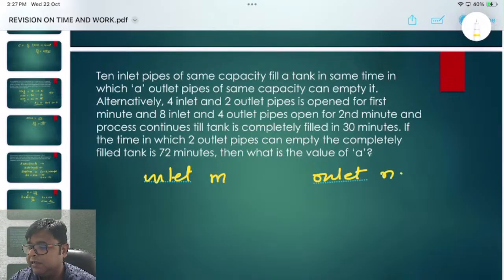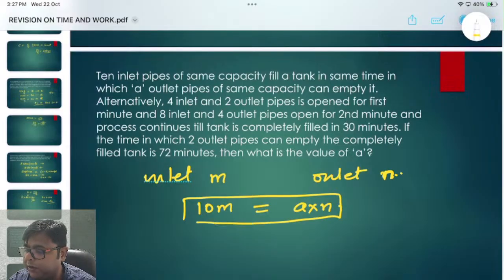Very nice. So if I say 10M into T, whatever the capacity will be, it will be the same as A into N. So I've got this relation first. T will cancel out. This is the capacity. I can equate the capacities always.